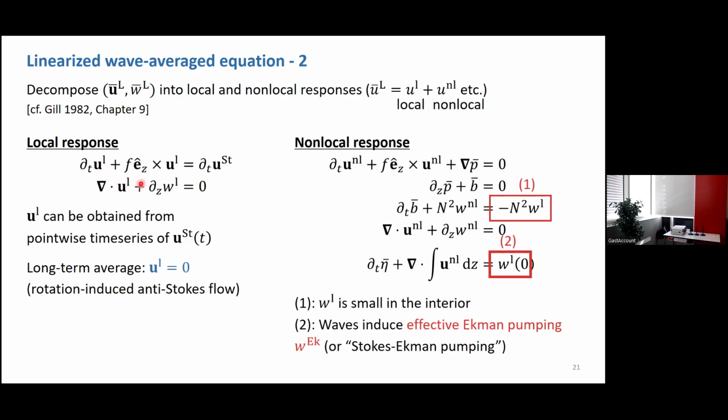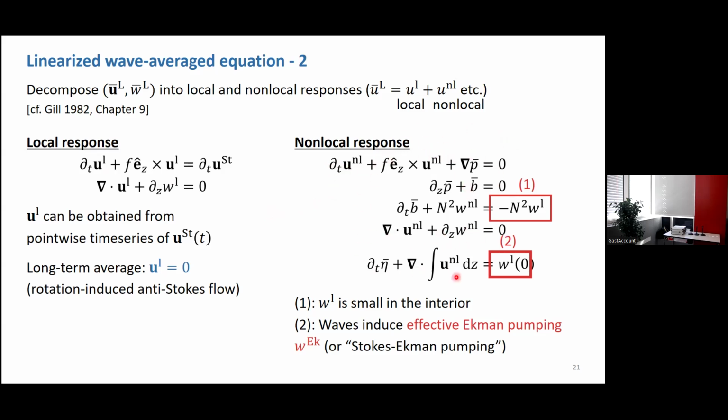So we can calculate the local response velocity by pointwise temporal integration of the Stokes drift velocity. It is noteworthy that the long-term average of the local response velocity is 0 because the temporal variation term disappears. And this corresponds to the pointwise local anti-Stokes flow. And all other leftovers are the non-local responses.